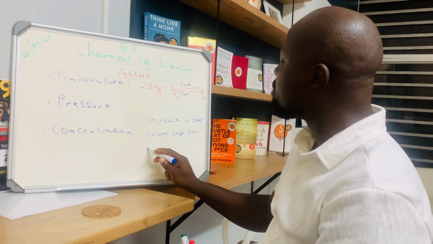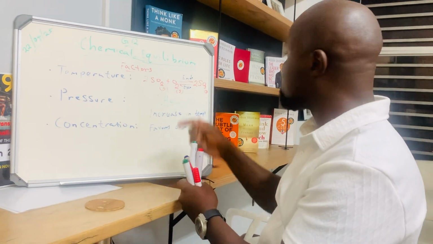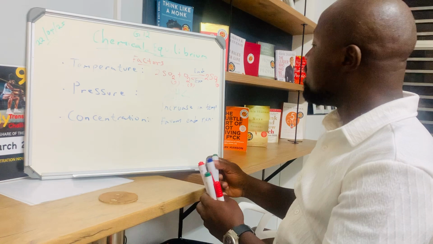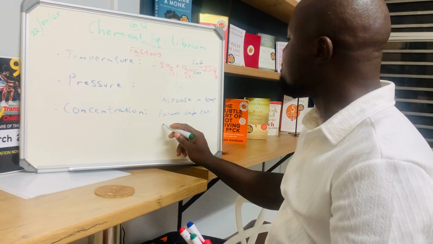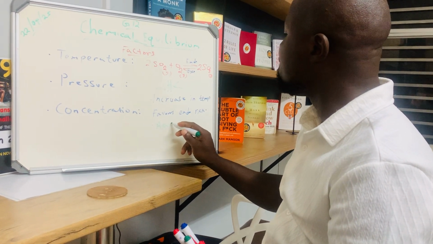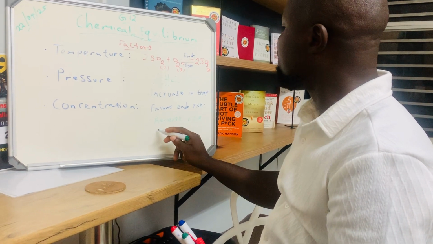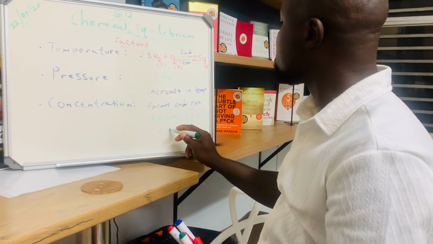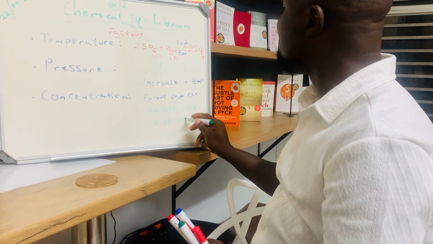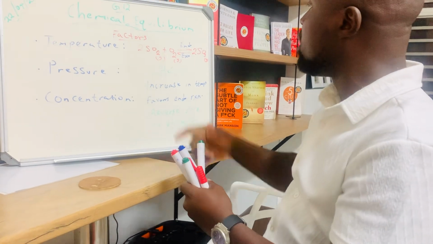That means the exothermic reaction, which is the reverse reaction, will be favored. In this case, the reverse reaction is favored in this reaction. And if the reverse reaction is favored, what happens?